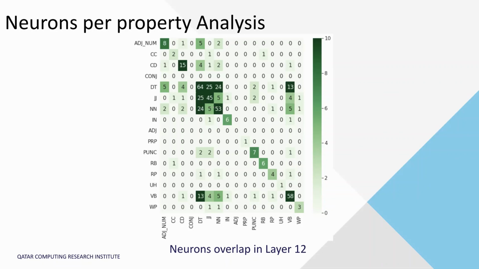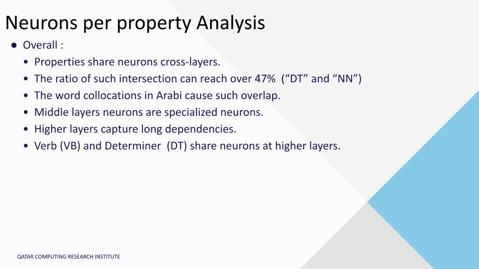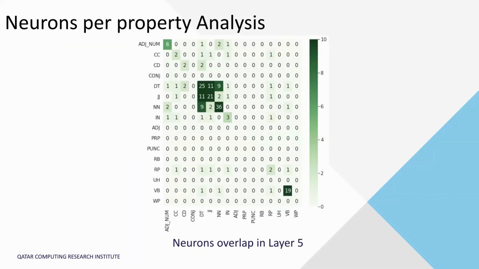So this is just a kind of summary. We have seen that properties do share neurons across layers. The ratio of this intersection sometimes reaches very high, like for the layers we saw in the beginning.